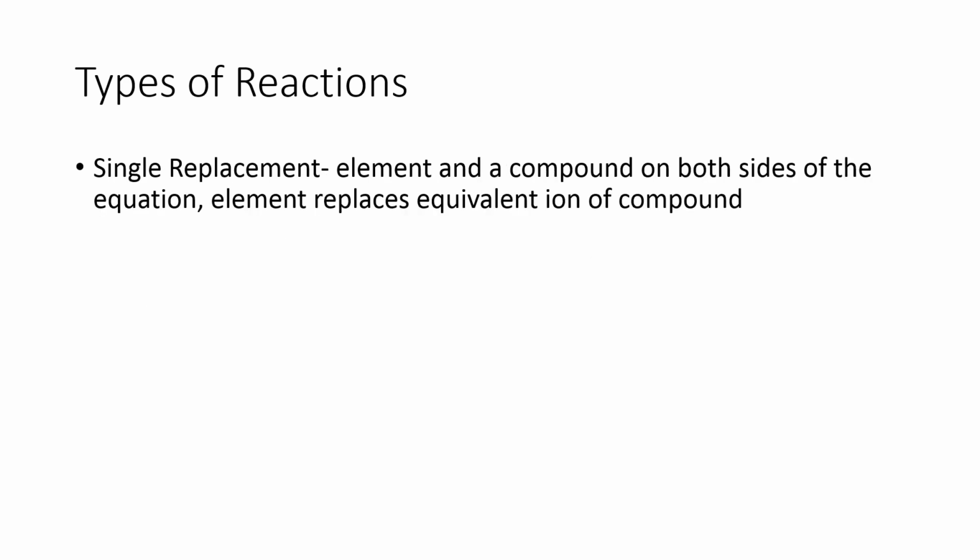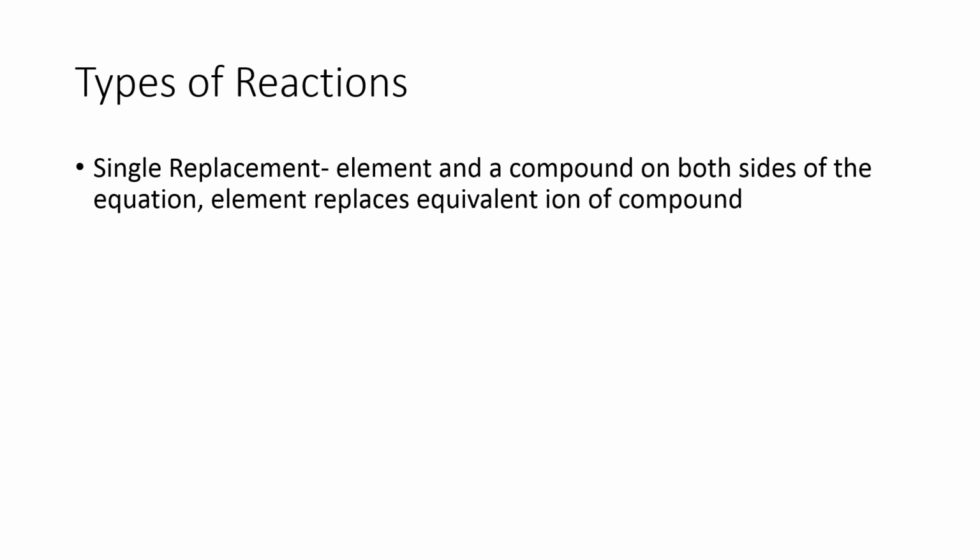On to single replacement. With single replacement reactions, we have an element and a compound on the reactant side and the product side of the equation. And the element by itself is trying to replace the equivalent ion in the compound. So if it's a metal or something that would produce a positive ion, it is trying to replace the positive ion in the compound.